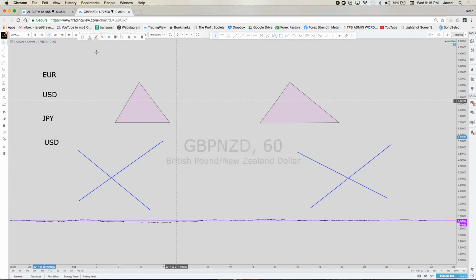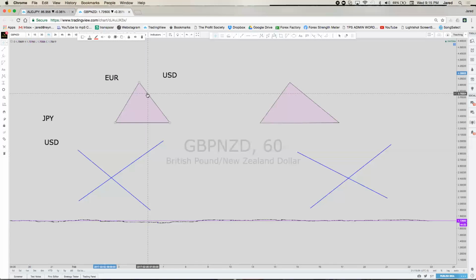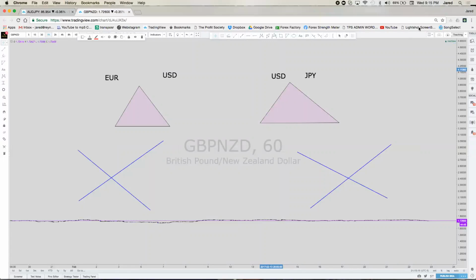All right. So on this side, we have the Euro, US dollar, this little seesaw here that we're going to create in a second. And on this side, we have UJ, USD, Japan Yen, USD, JPY. All right.